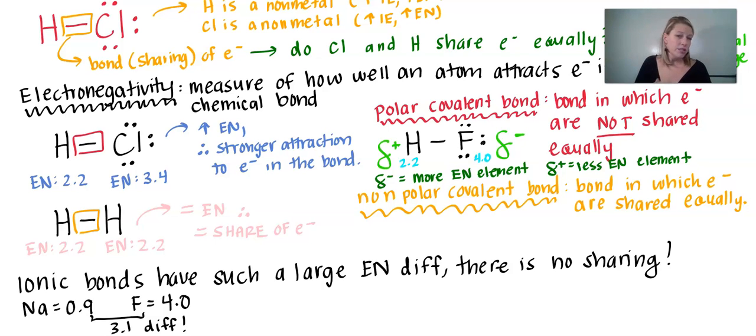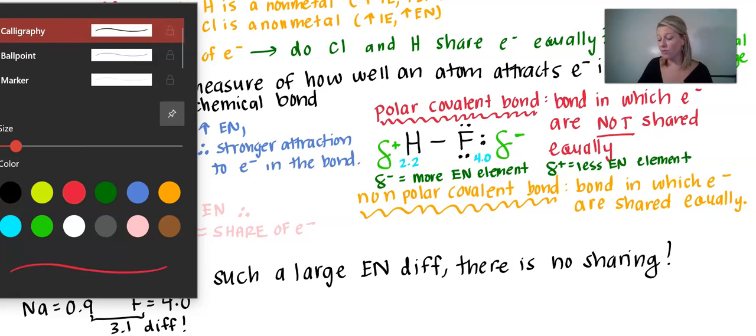Okay, so this leads me to my last point, which is we have this term called ionic character. And ionic character can be used in reference to covalent bonds. And the ionic character is a measure of how ionic a substance is. It sounds ridiculous, but let me just clarify.